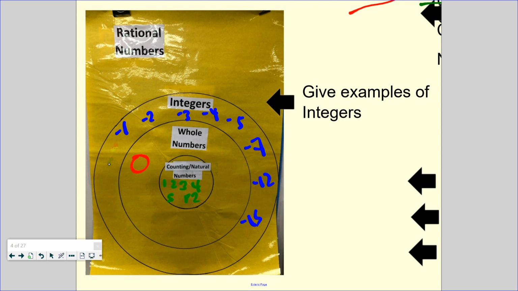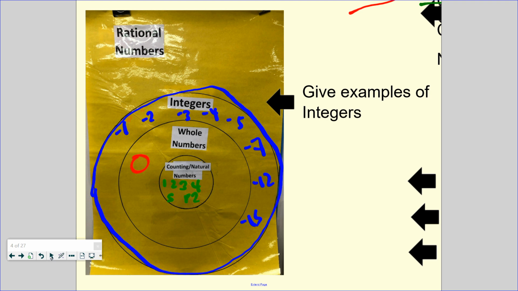I could put 1, 2, 3, 4, 5, 7, 12, 15 in this circle, but wouldn't those numbers be better described as counting numbers? So integers can be whole numbers and counting numbers. So integers is everything inside this circle. Integers are whole numbers and their opposites, like -1, -2, -3, -4. So 0 is an integer, counting numbers are integers, and these opposites like -1, -2.